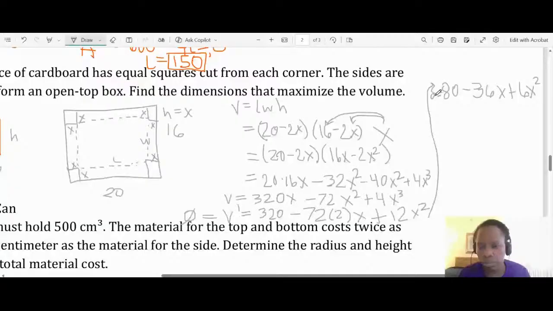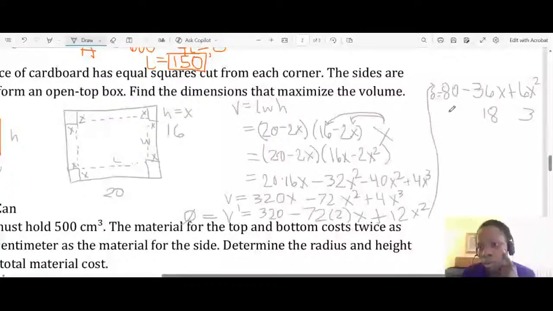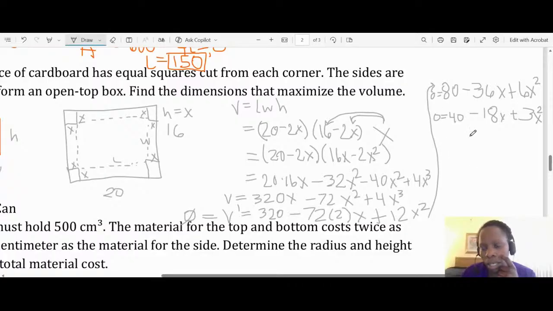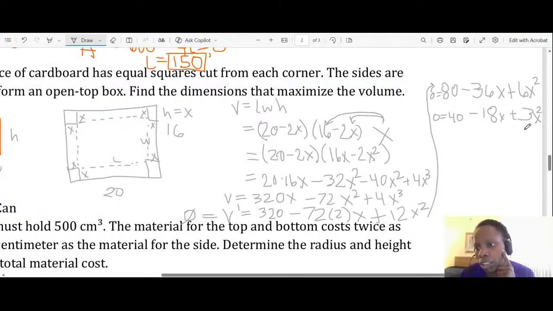Okay, all right. Now better, but that wasn't the greatest common factor because everything is still even, right? So we could put a 3, 18, and 40. And then we can use the quadratic formula, or we could try to factor.